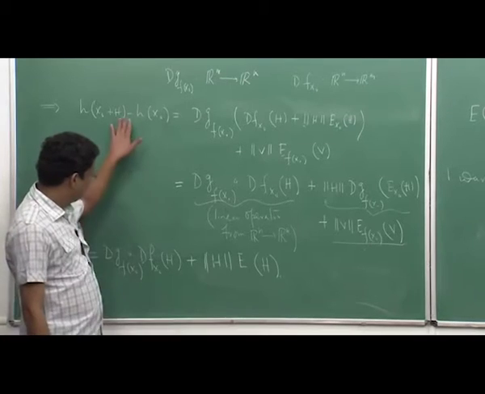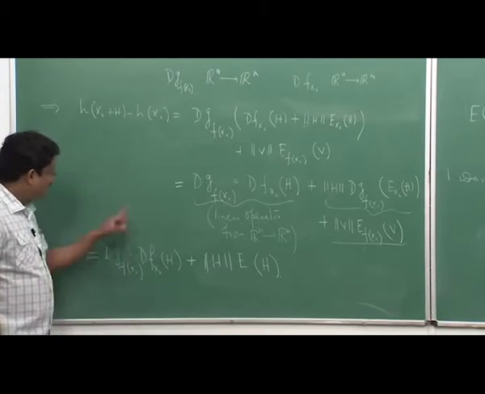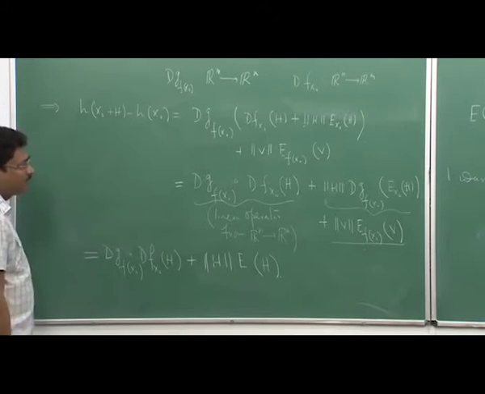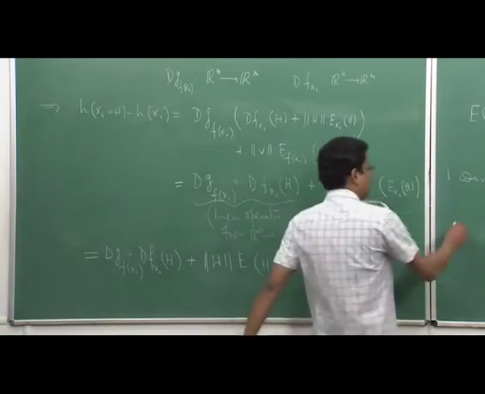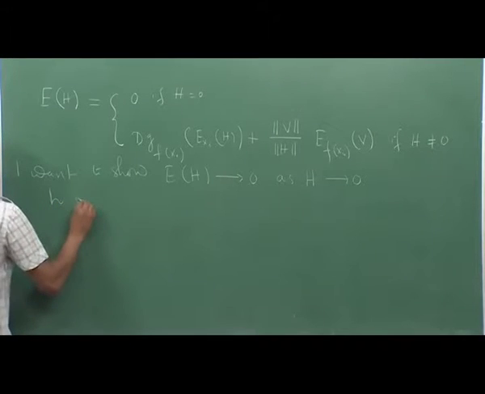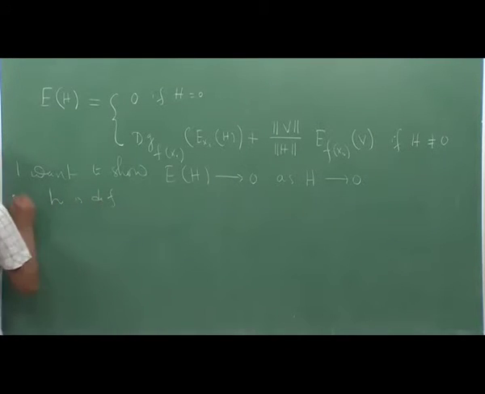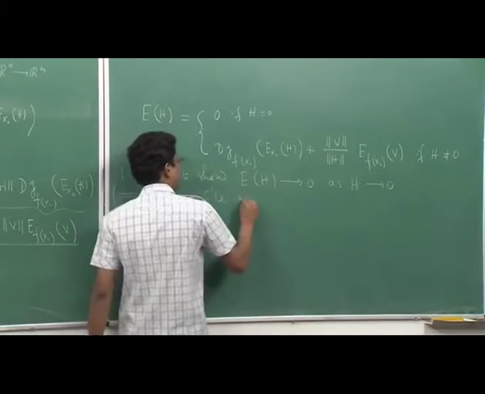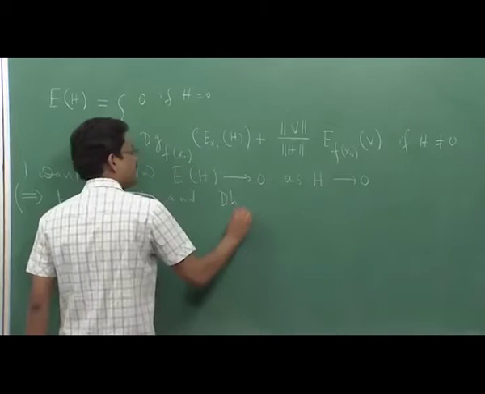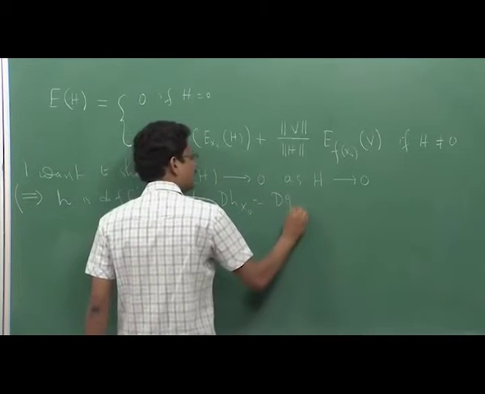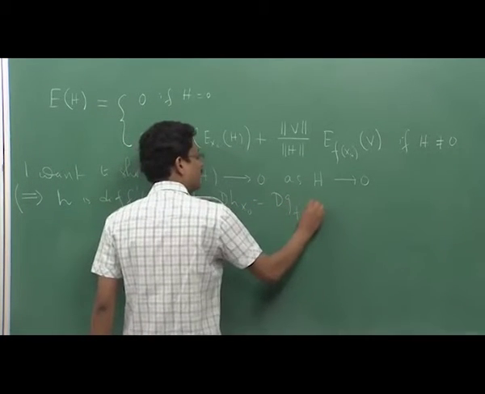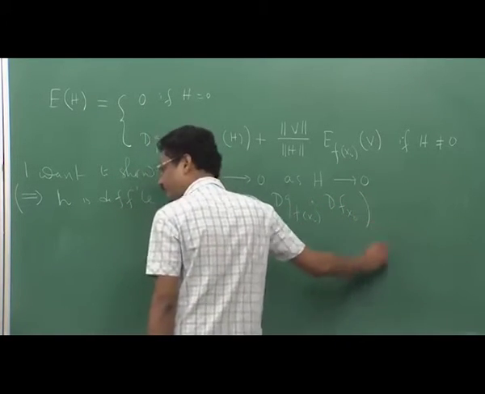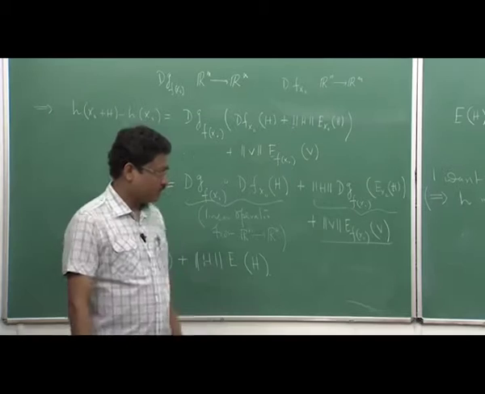Then I will have that derivative of H, that is in this case, if I show this, first of all H is differentiable. This will imply H is differentiable and dH at x naught is d g f x naught composed with d f x naught. Okay, this is the last part I have to show.